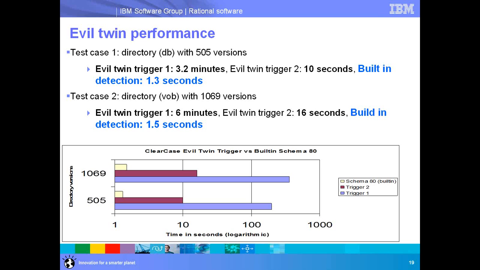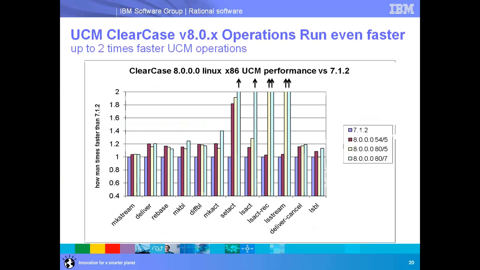This is a snapshot of one of the performance comparisons that we did in the UCM operations. So the bars which you see in green, yellow and red are for the 8.0 series, and the one in blue, that is for the older version, that is 7.1.2.